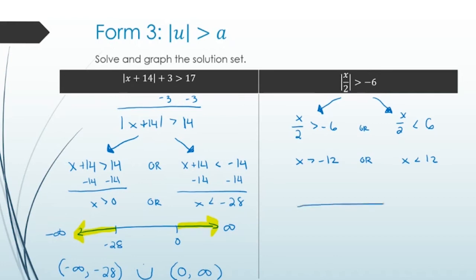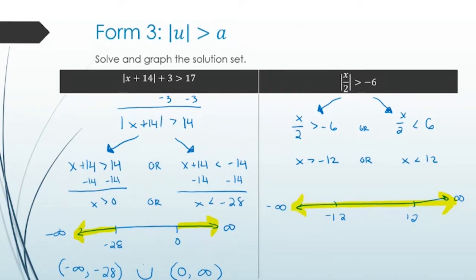So let's graph what this means. I'm going to put negative 12 and 12 on my number line. And now highlight. So x is greater than negative 12, that's to the right of negative 12. x is less than 12, so that's to the left of 12.